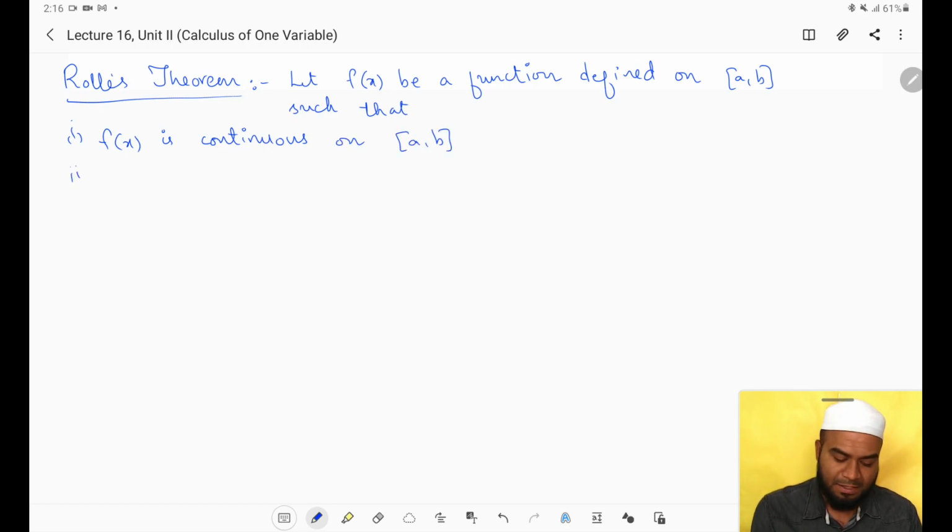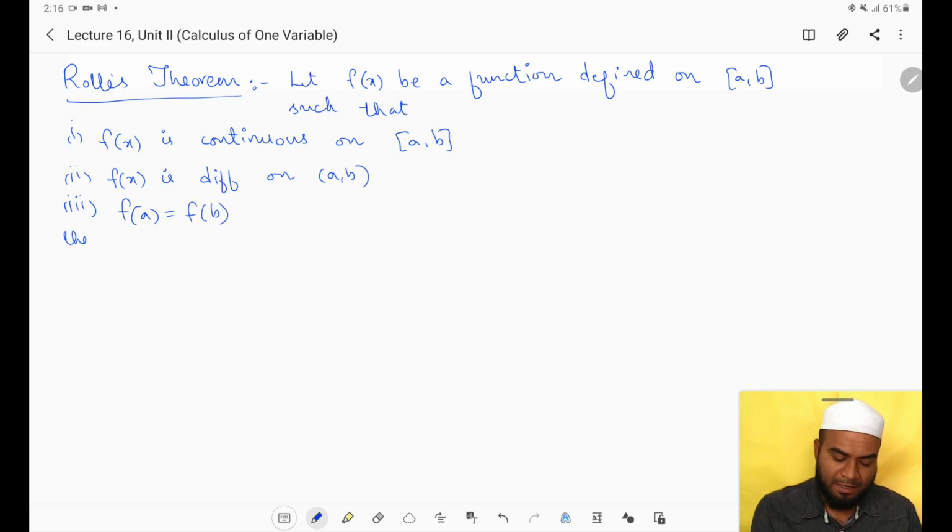The second condition is f of x is differentiable on the open interval a comma b. The third condition is f of a is equal to f of b, right?